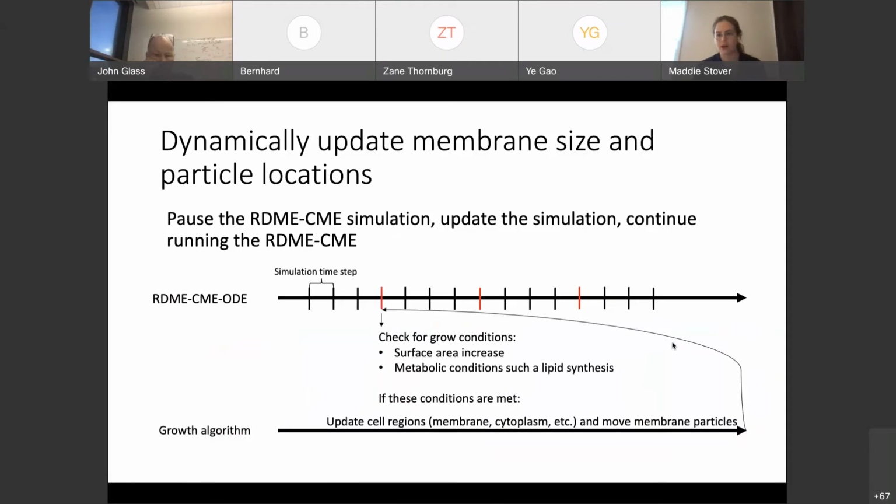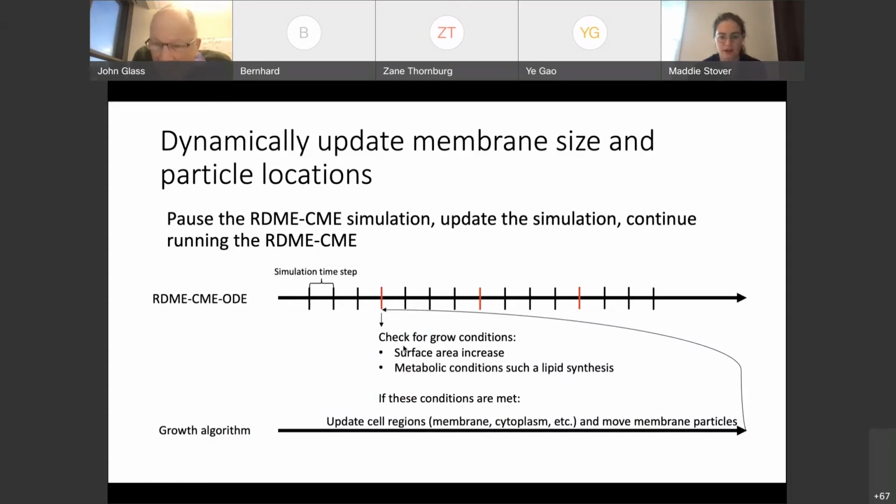So what is the computational method for implementing these? Running this RDME CME that's been discussed, we pause the simulation and check for certain cellular conditions, for example, the surface area increase and the metabolic conditions such as lipid synthesis.